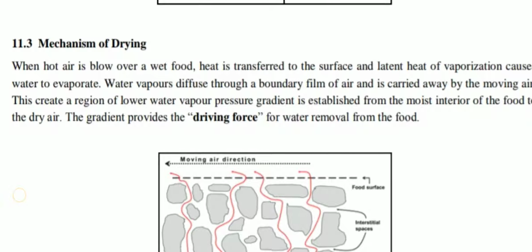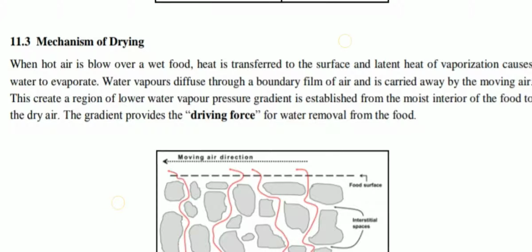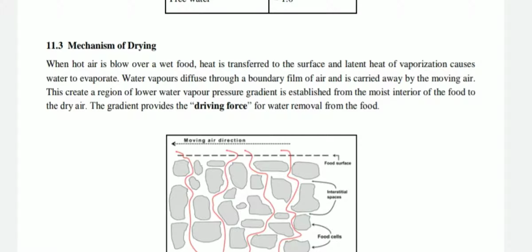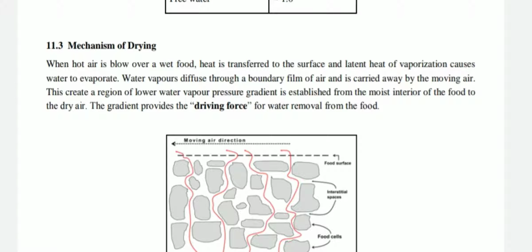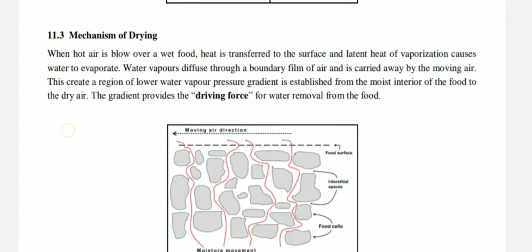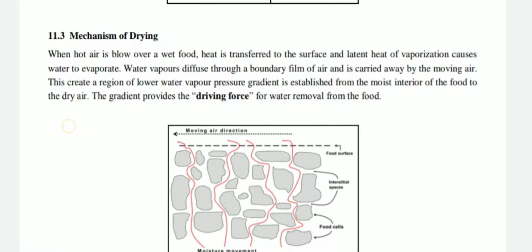So whatever free water diffuses through this boundary film in the direction of air, by the latent heat of vaporization as an effect of heat, creates a region of low water vapor pressure within the cell system.